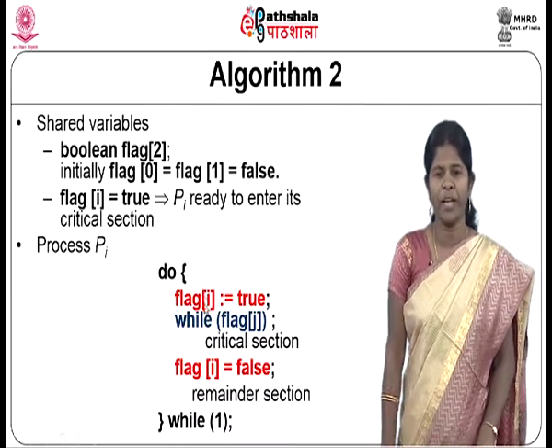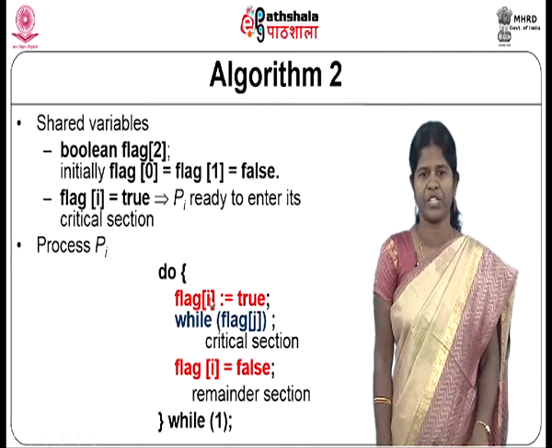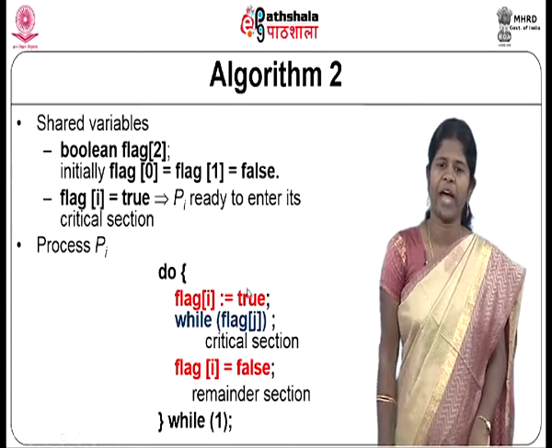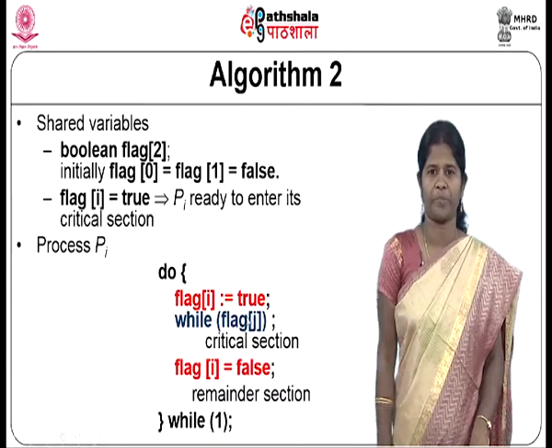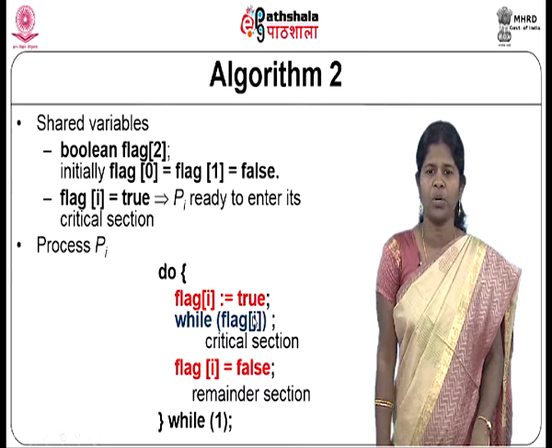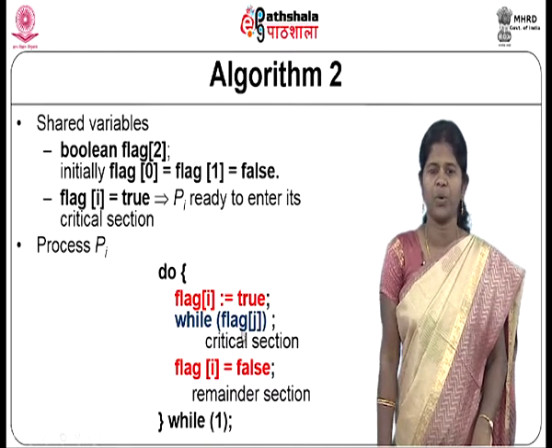What actually happens here is that the process that tries to enter the critical section first makes its flag true, and then checks whether the other process's flag is true or not. As long as the other process's flag, flag of j, is true, it goes on in this while loop.